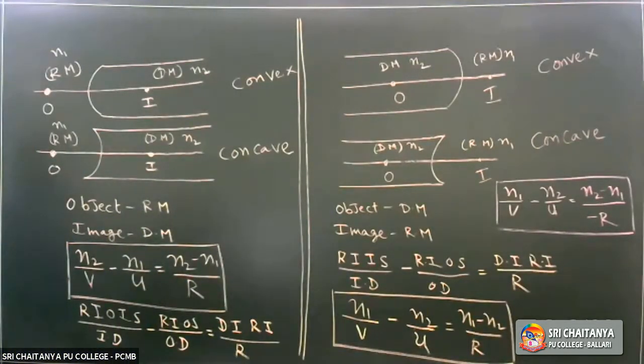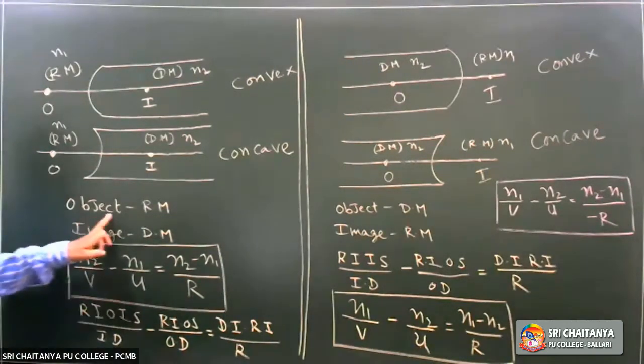Therefore, only two formulas in the case of refraction at a spherical surface. Either the surface may be convex or concave. The most important thing which we have to identify is where is the object and where is the image.